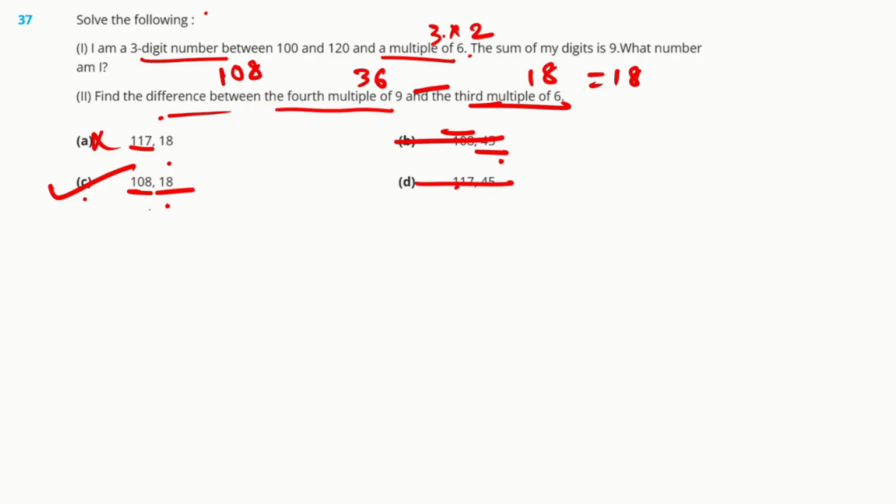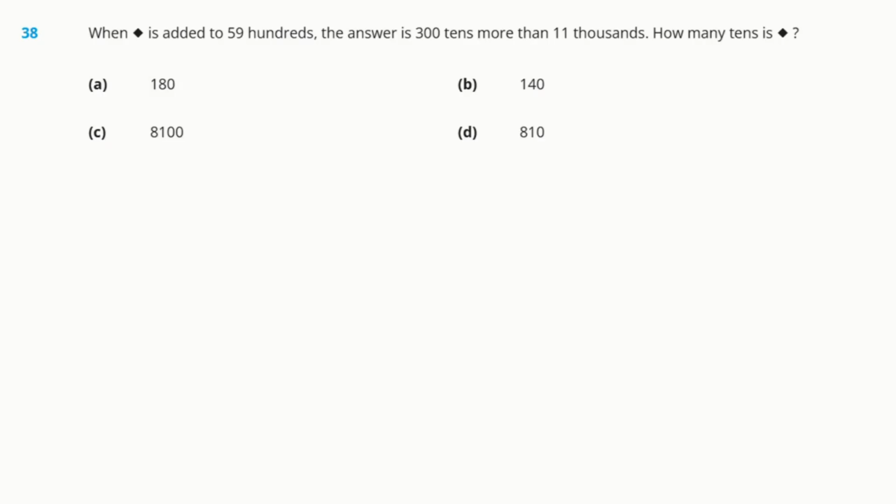Moving on to our next question, number 38. When a rhombus is added to 59 hundredths, the answer is 300 tens, meaning 3,000, more than 11,000.